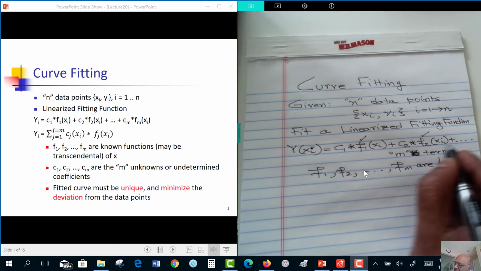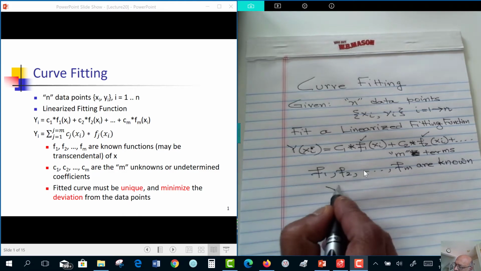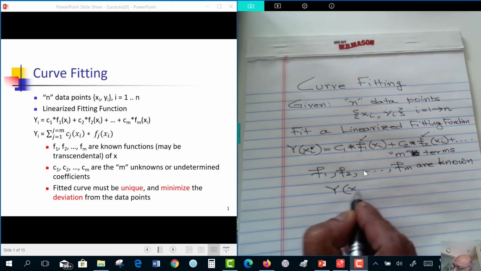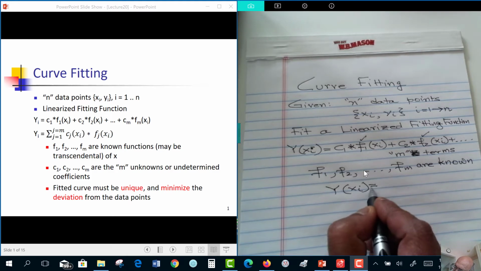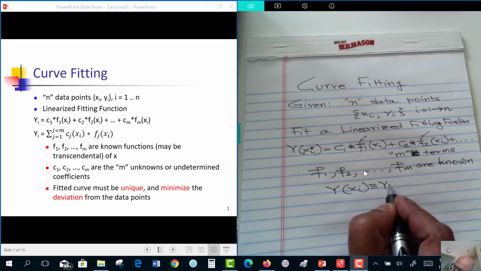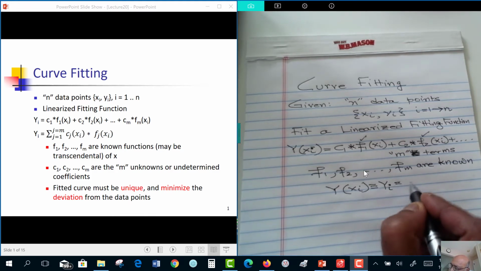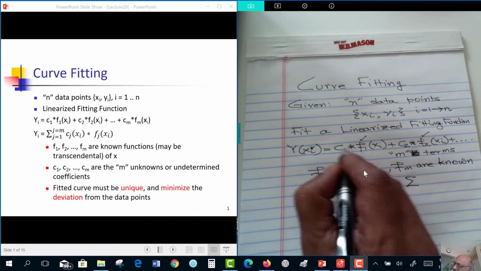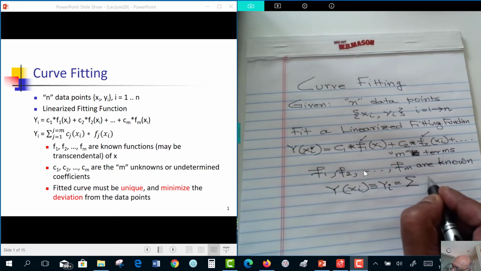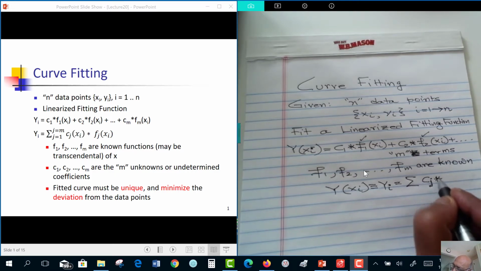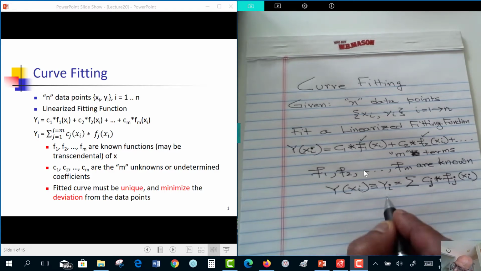So this is kind of a long form. Let's write it in a short form. y at xi, which again we will shorten to yi, is a sum of many terms. Each term has a constant, let's call it cj, times a corresponding function fj, which we evaluate at xi.